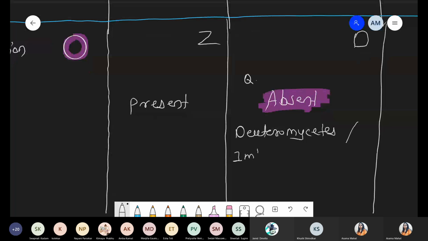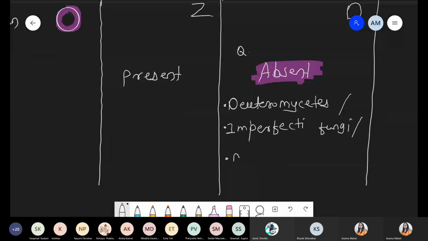I hope you remember, many times this question has been asked in previous examinations. Imperfect fungi, fungi imperfecti. Sometimes these are also called dustbin fungi. And sometimes these are also called the artificial class of fungi.